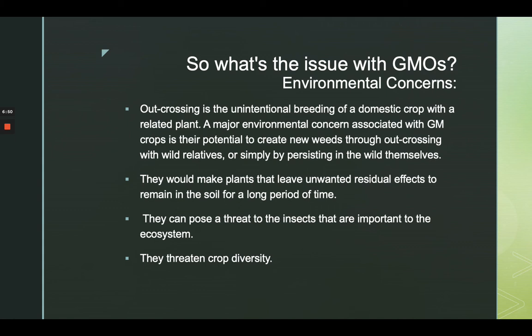A major environmental concern associated with GM crops is their potential to create new weeds that will outcross with wild relatives or simply grow in the wild themselves.